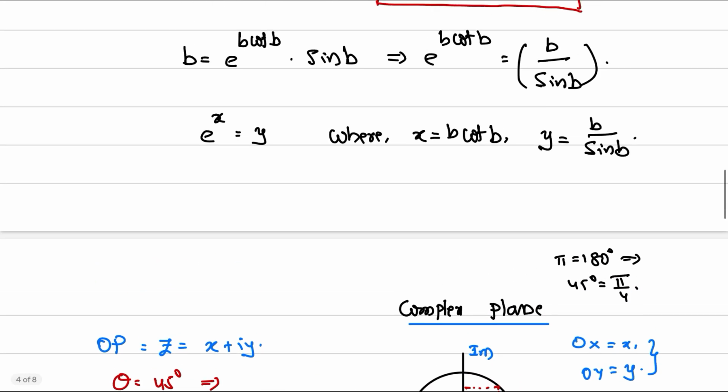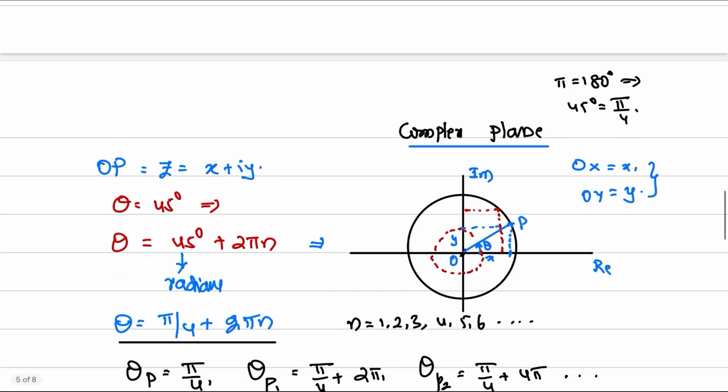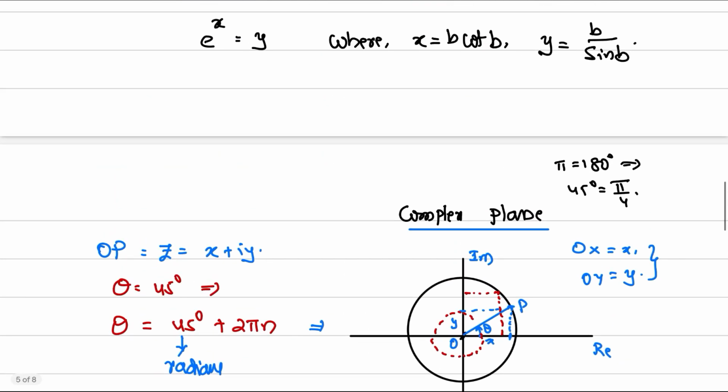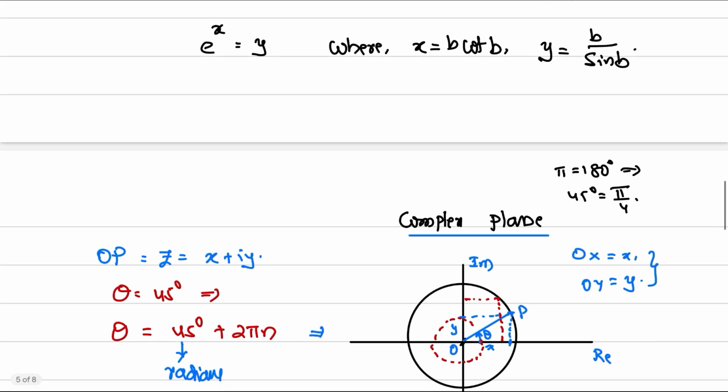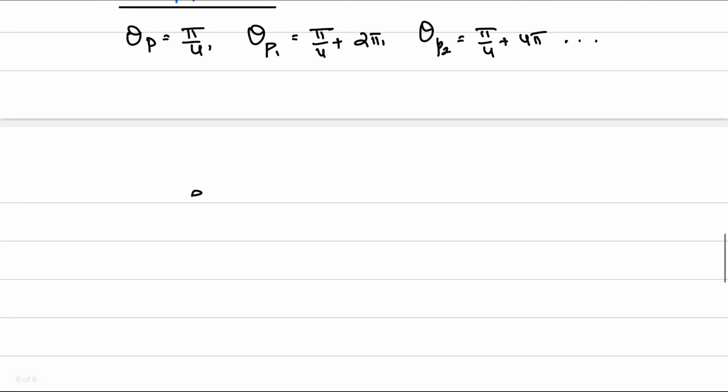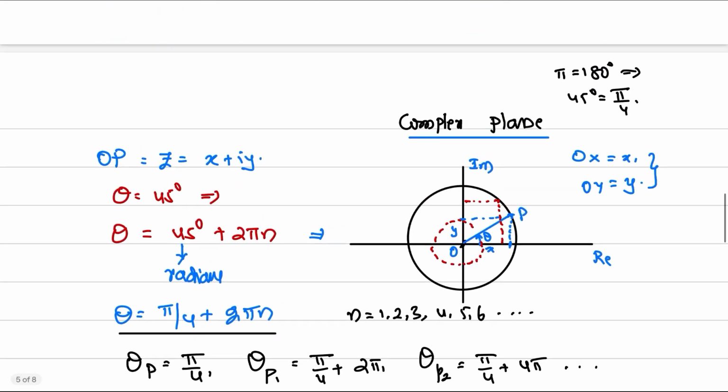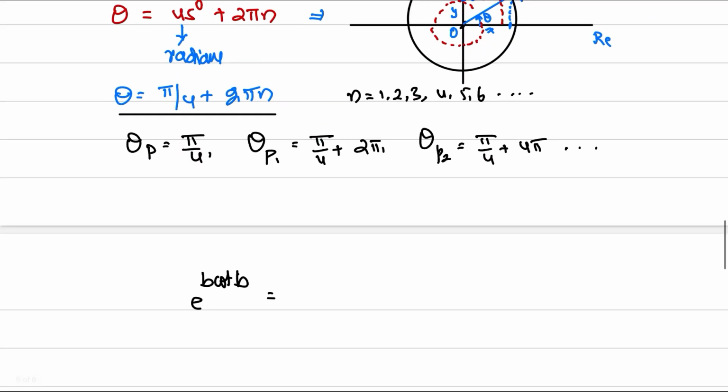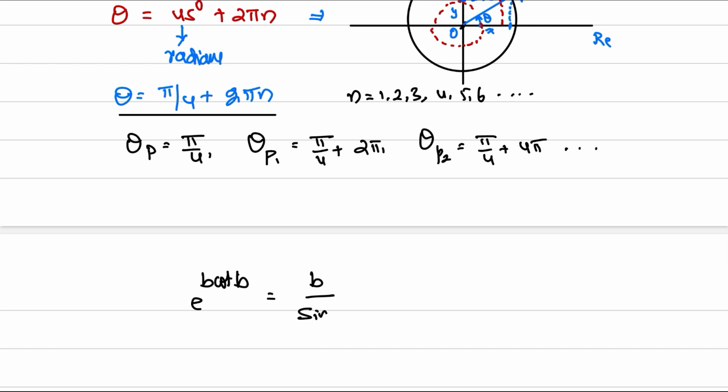Then, what is the equation for which I have to find out e to the power of x is equal to y? My equation is e to the power of b cot b is equal to b by sin b, where b is in radians.